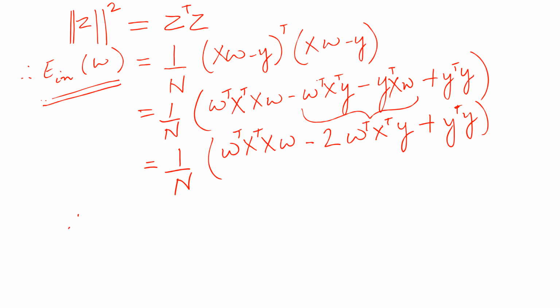The only slight update here is that we set the gradient of E in of w to 0 in order to get the minimum. So in order to get the optimal weights, we set this gradient equal to 0 and solve for w. And that w is going to be my final weight vector that we need to minimize E in.